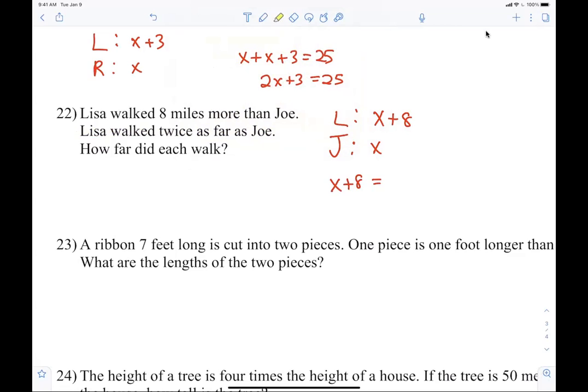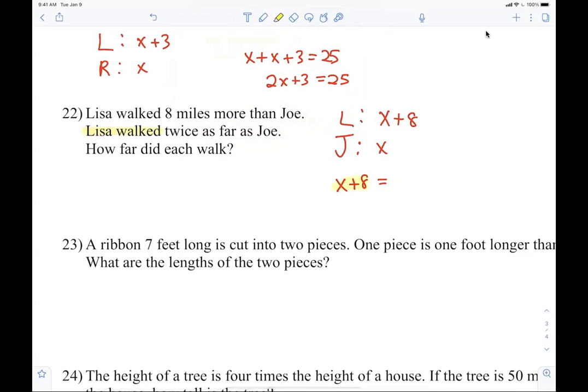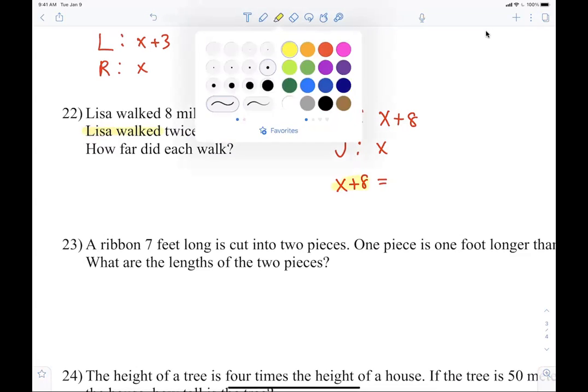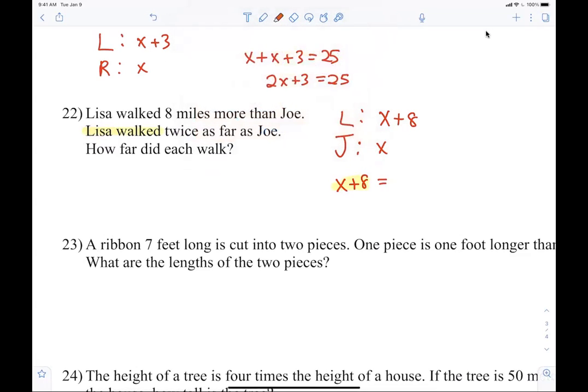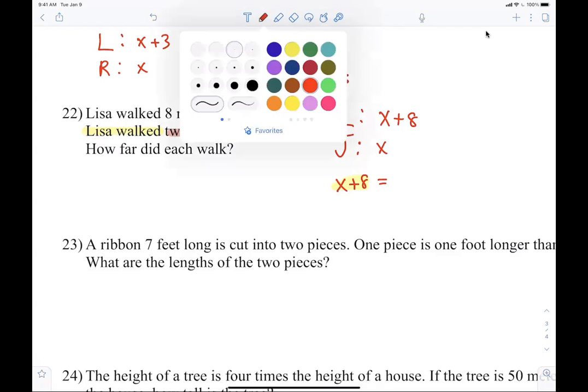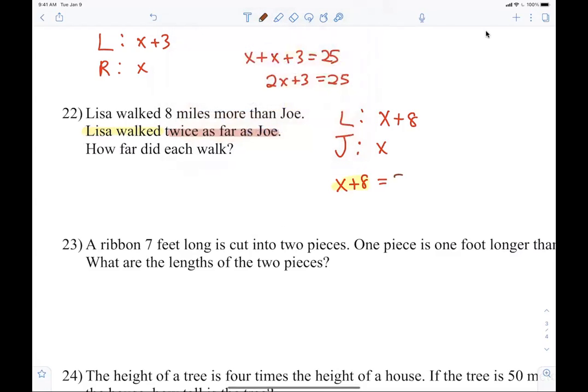Compared to Joe. Oh, twice as far as Joe. So how do I represent twice as far as Joe? Times 2. What's times 2? X. Exactly.